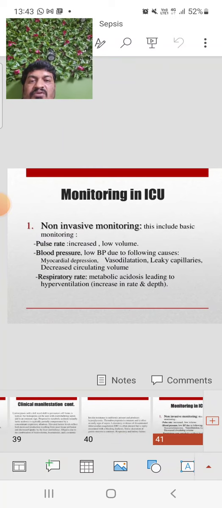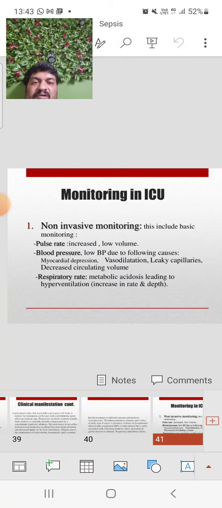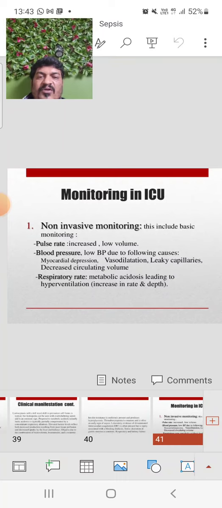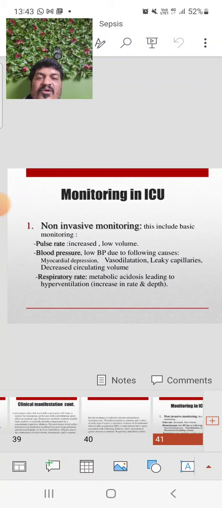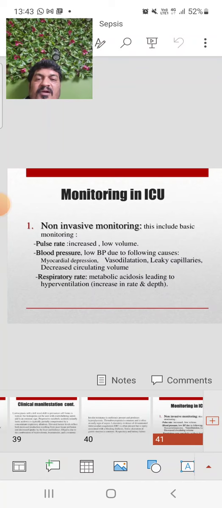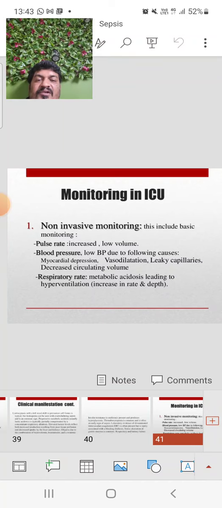Okay, so monitoring in the ICU: how do you monitor these cases? Non-invasive monitoring includes basic monitoring. Pulse rate is increased, volume is low, blood pressure is low. The low blood pressure is due to myocardial depression, vasodilatation, capillary leak, and decreased circulating volume.